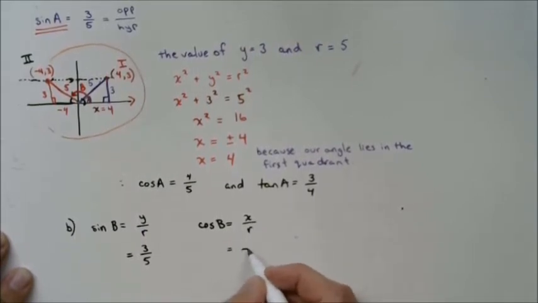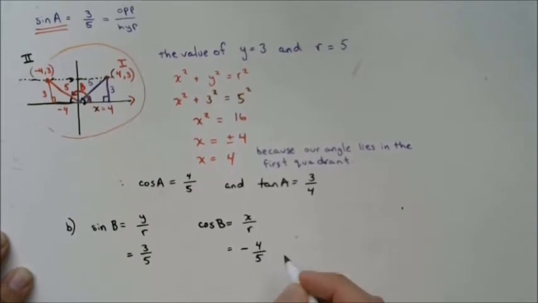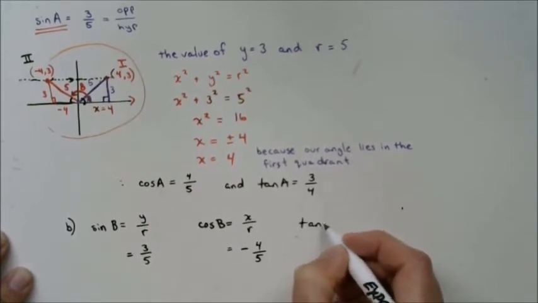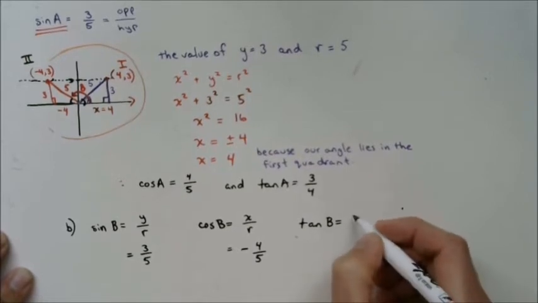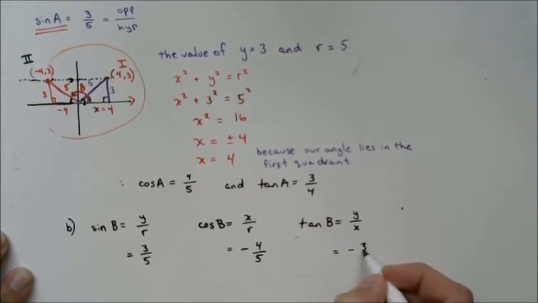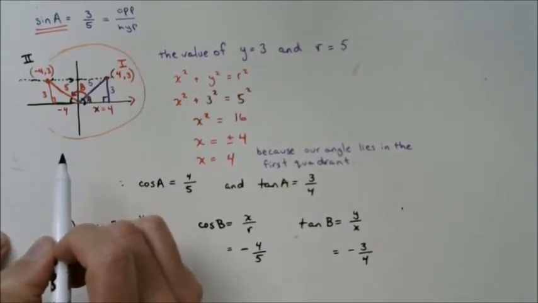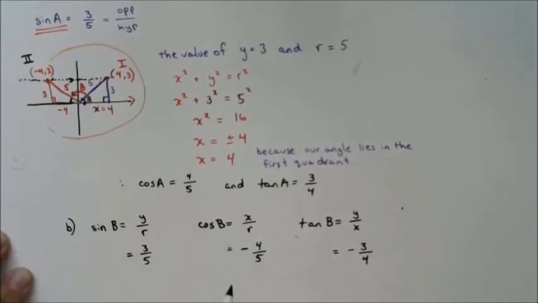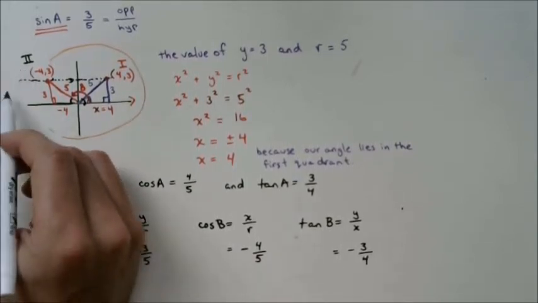That's going to be negative 4 over 5. And the tangent of B is going to be y over x, or opposite over adjacent, which is going to be negative 3/4. So you can see what happened if you're paying attention to the CAST system here. The only one of our primary trigonometric ratios that was still positive in quadrant 2 is sine.